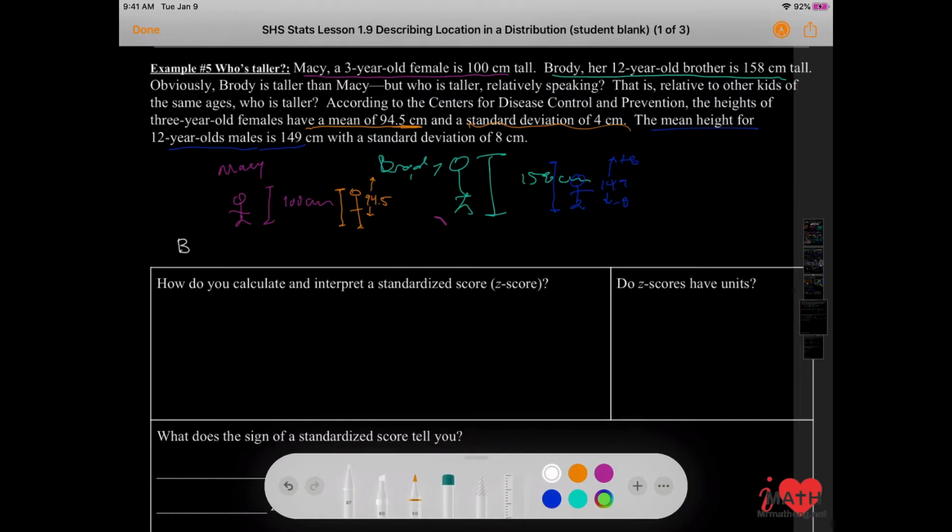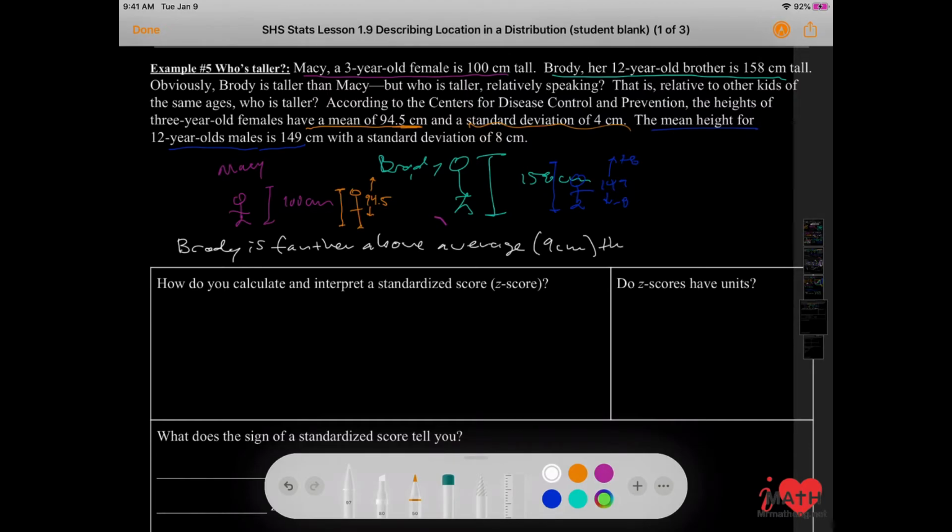Brody is farther above the average. If you subtract Brody minus the average, 158 minus 149, is 9 centimeters above.